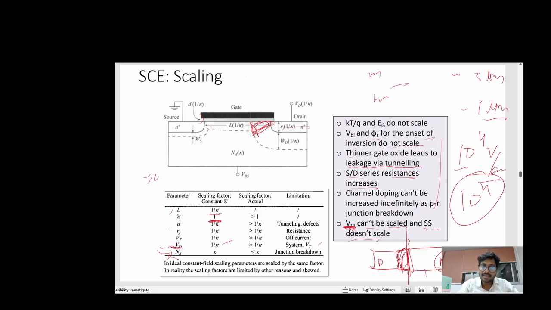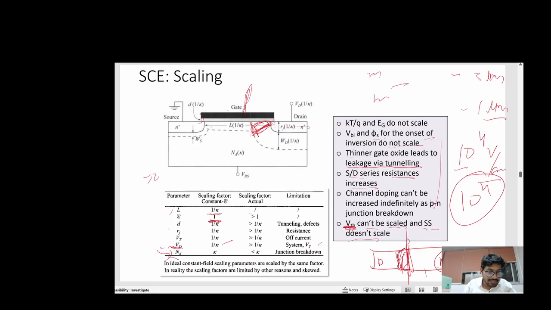It is enough to create the channel. If you decrease the channel length much and much, the percentage of charge sharing will be more, so the gate voltage will be reduced. We can say the threshold voltage will be reduced.